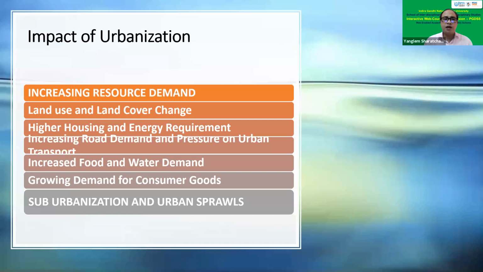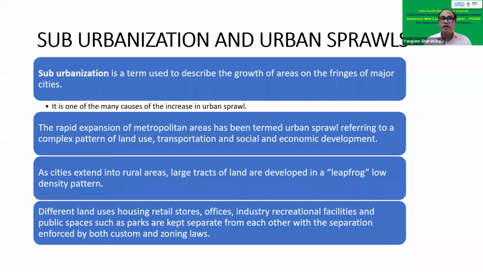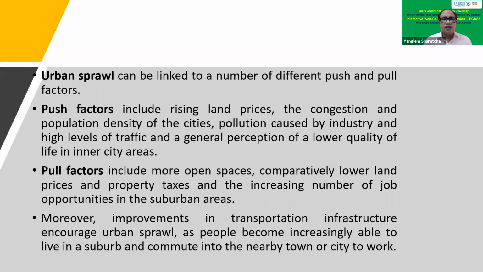When it comes to the direct impact up to suburbanization, the same situation happens. It changes everything, your land use and land cover, right? In the same way, urban sprawl can also be linked to the push and pull factors we talked about when urbanization happens. Here, the push and pull factors of urban sprawl, meaning the peri-urban area, apply to those staying in the city.